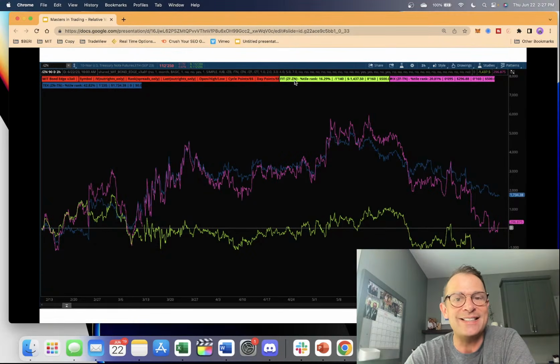That's 5s, 7s. ZF, ZN. 5s, 10s is going to be ZF, TN. 7s, 10s is going to be the TEX, the dark blue line. The trade is to buy the fight and to sell the TEX if you wanted to protect your fight.